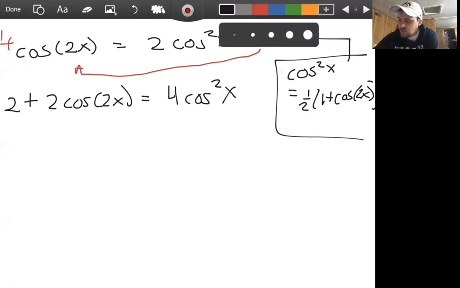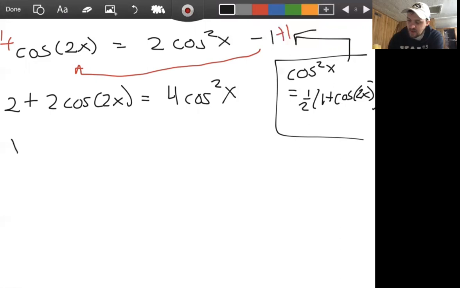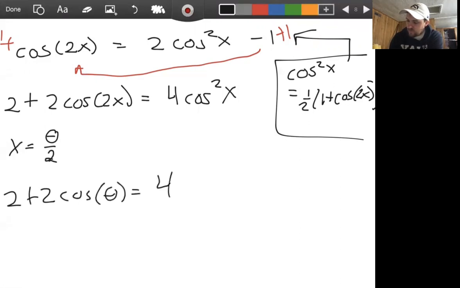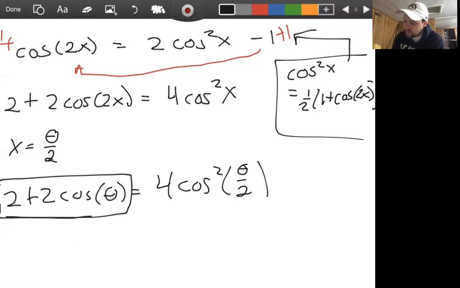But now, if I let x be theta over 2, then we have 2 plus 2 cosine theta equals 4 times cosine squared of theta over 2. And remember, this is what was under the square root.